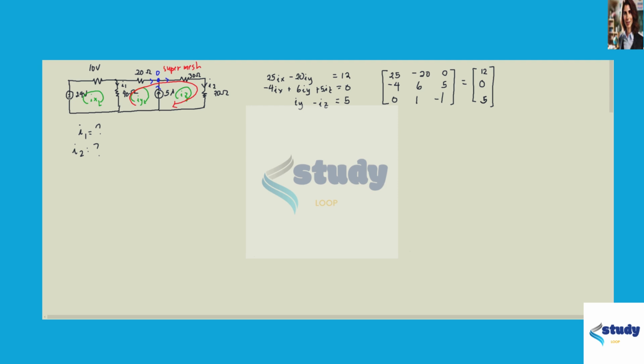Now you could solve for these unknowns using determinants.